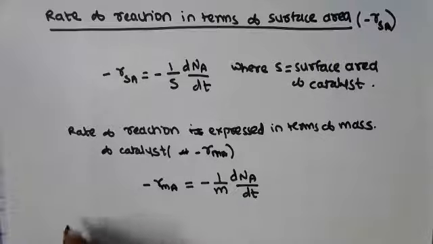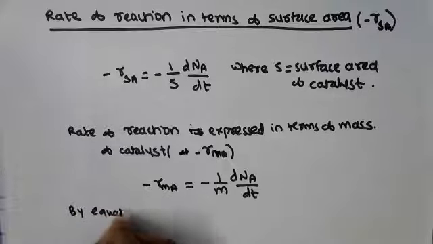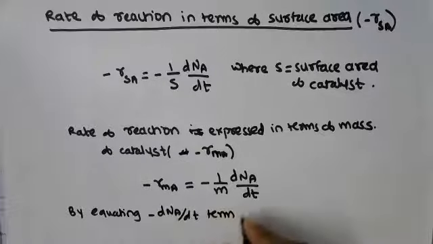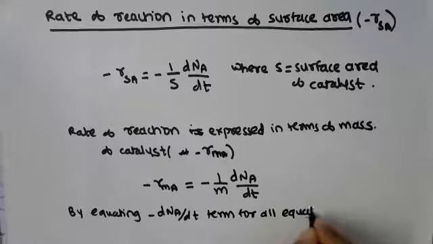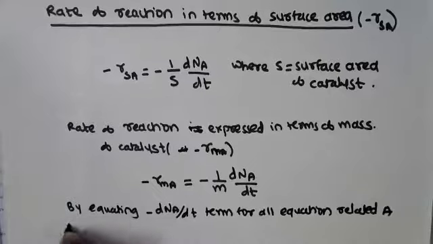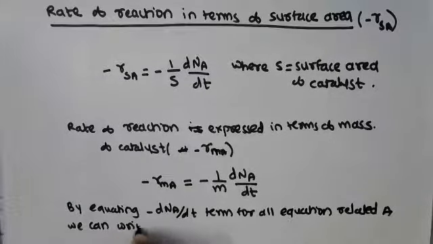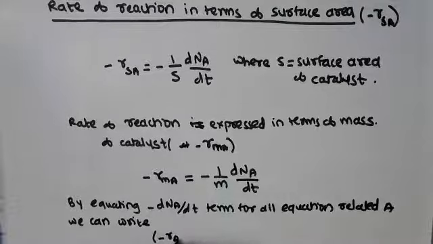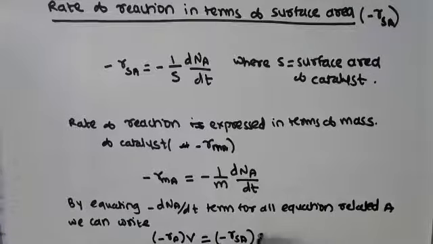So by equating the minus dNA by dt term for all equations related to A, we can write minus RA into V is equal to minus RSA into S is equal to minus RMA into M, and so on.